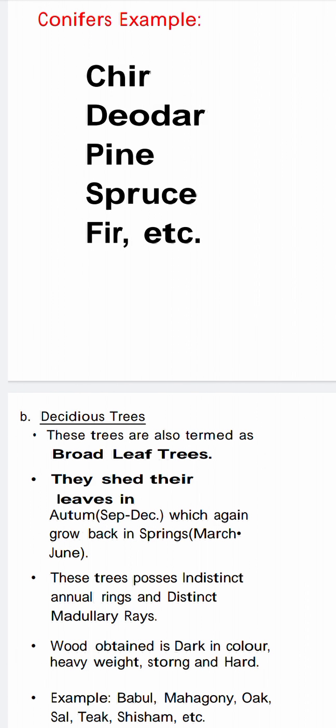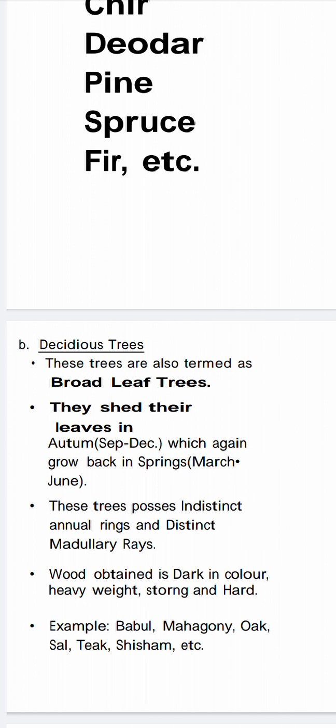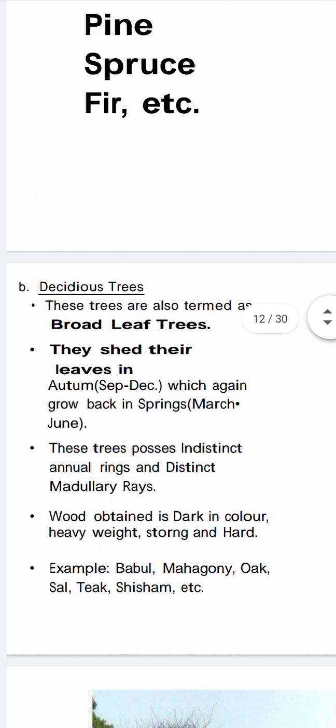Deciduous trees. These trees are also termed broadleaf trees. They shed their leaves in autumn, which grow back in spring. These trees possess indistinct annual rings and distinct medullary rays. Wood is often dark in color, heavy, strong and hard.